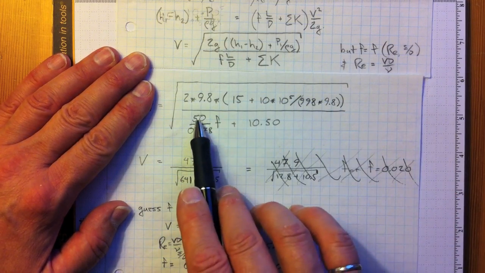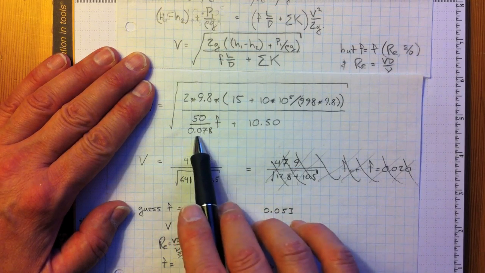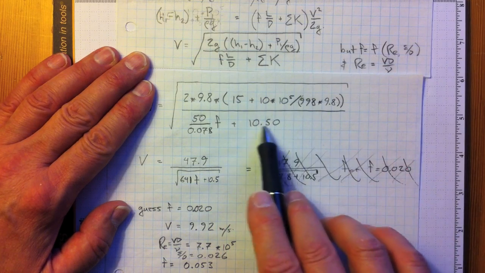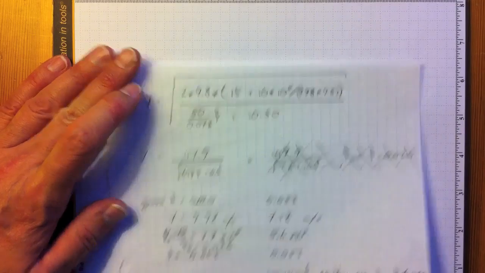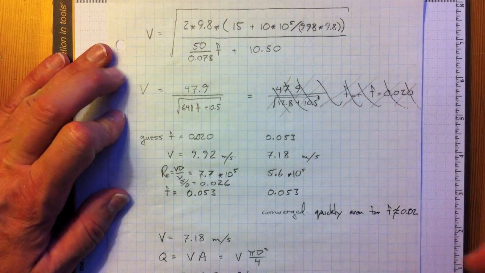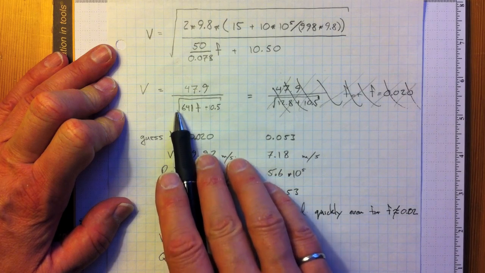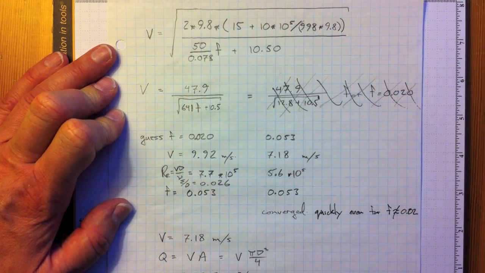All divided by 50, the length of the piping, over the diameter, 0.078 times f, plus the sum of the loss coefficients, 10.5. Plugging the numbers in, I get 47.9 over the square root of 641f plus 10.5.